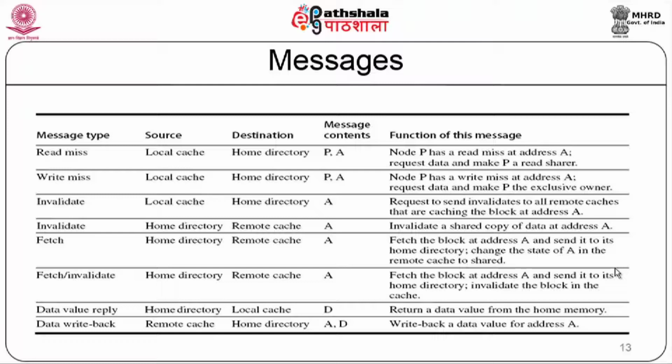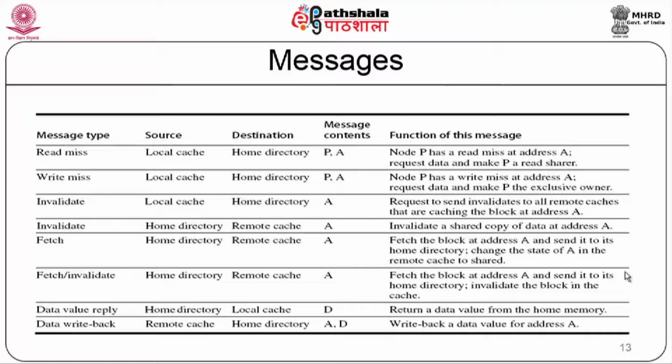So, you have to fetch the block at address A and send it to its home directory, because the home directory has to cache that information, and change the status of A in the remote cache to shared, because you fetch the data in response to a read request that has come in from some other processor. So, you are setting the status to shared and you are just giving the data.